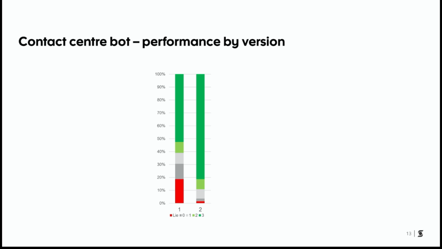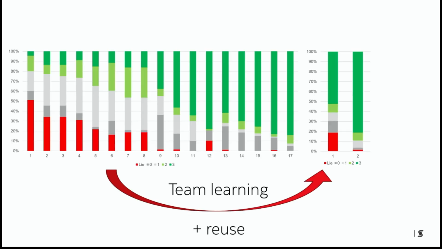And the second iteration were almost at 90% with hardly any inaccurate answers. And this is just 2 iterations. In 2 iterations, the team did nearly as well as in 17 iterations before. So what we are observing here is the team learning how this thing works and, of course, reusing the software it has created for the first one.